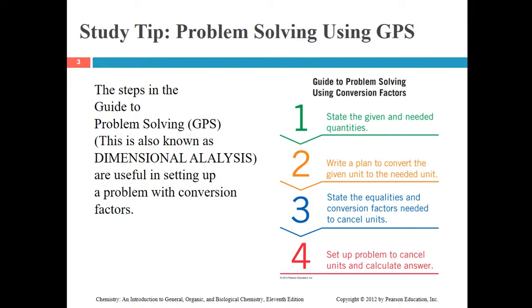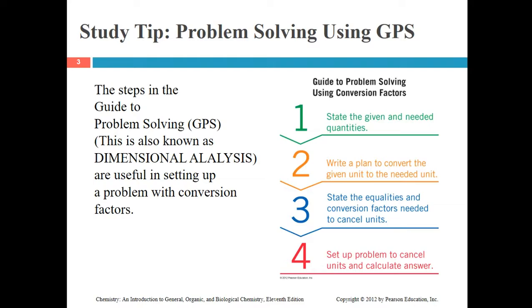In this book they happen to call this the Guide to Problem Solving, which is a good thing to call it. I've grown up knowing it as dimensional analysis, so that's also a good way. But whatever you want to call it, the steps: 1, we state the given and we figure out what we need.